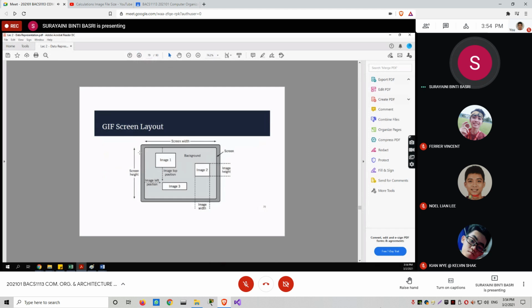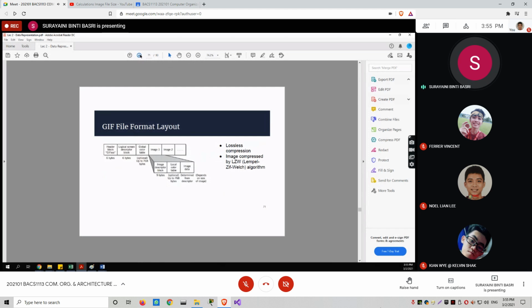So the system needs to know the width of the screen, the height of the screen, and then the size of each of the images in that GIF image. So why? Because it will store all this information in binary with a specified format.